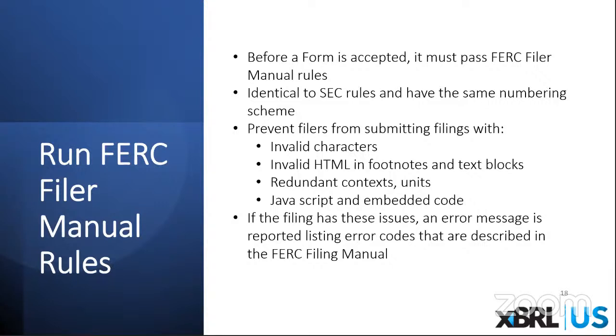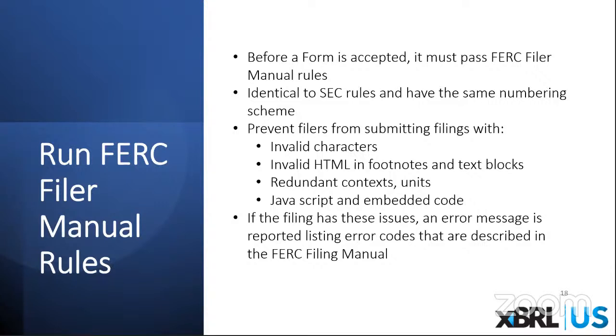They don't have as many rules as the SEC, but they borrowed the numbering system from the SEC, so that it makes it easier for the filing agents if they're writing software for it, if they know that those numbers correspond to the SEC. So anyone who's familiar with SEC reporting, this should make total sense. You don't have to learn a whole bunch of new codes. And at the same time, the software that they've got should be easily amended to support it as well, because it's looking for exactly the same thing.